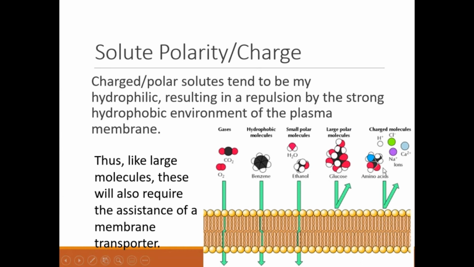Now, some people might say, well, what if it was just moving really fast and it could just blast through there like a dog with a shock collar? If it builds up some momentum, it'll be through the fence before it even gets shocked. Think about the scale we're working on here. We're working on a molecular scale. This sodium ion diffusing directly through this membrane, when it's very hydrophilic and the inner membrane is very hydrophobic, would be like looking at a football field.